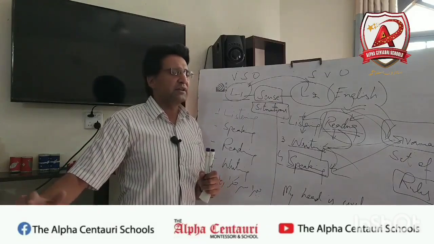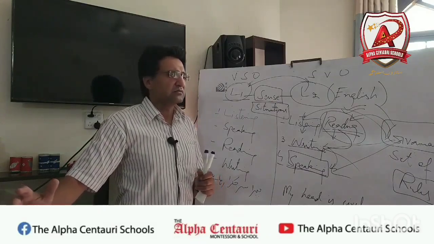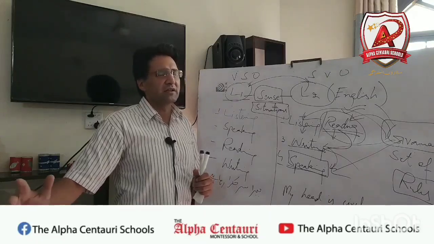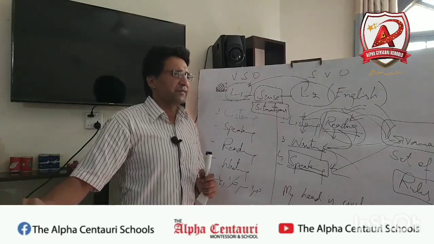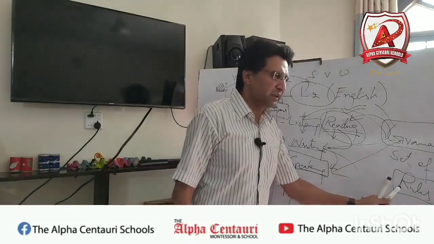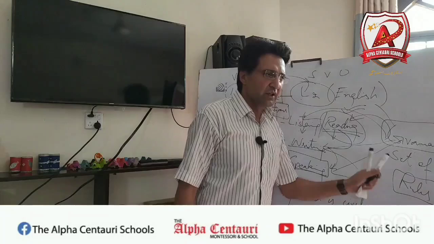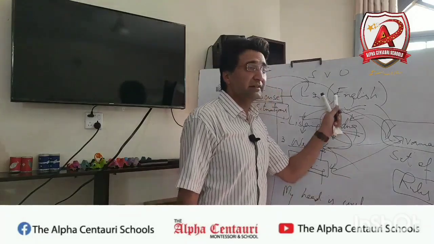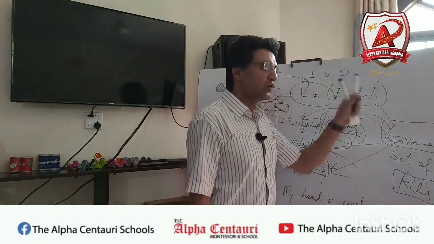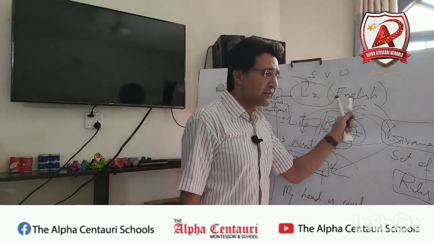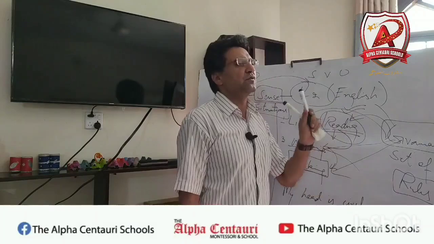The difference between noun, common noun, proper noun, collective noun and abstract noun we'll discuss in detail. This set of rules is there to understand language, because these rules come out of language. Language is not the result of these rules.